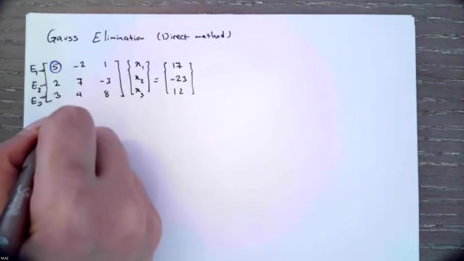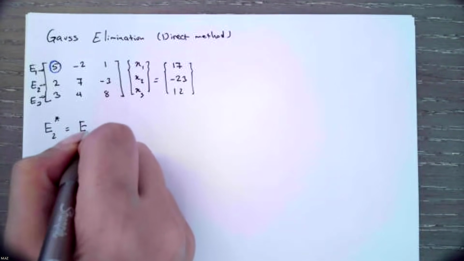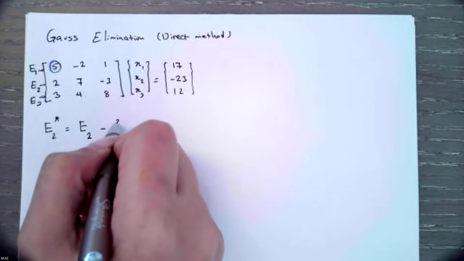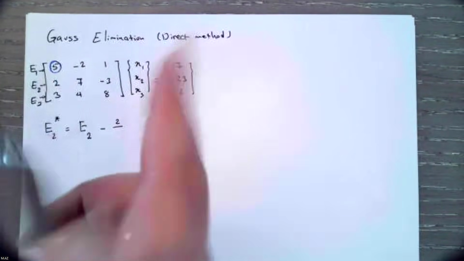For this reason, we write this equation a2 minus 2 over 5. This is as a pivot counter 1.